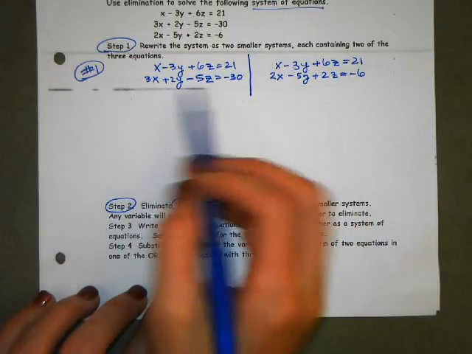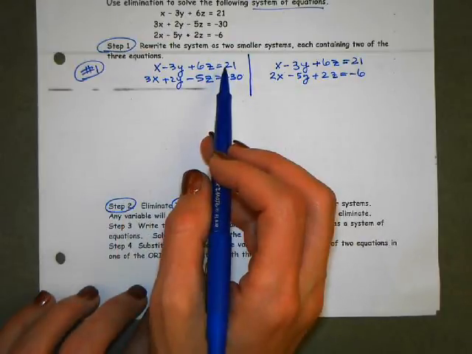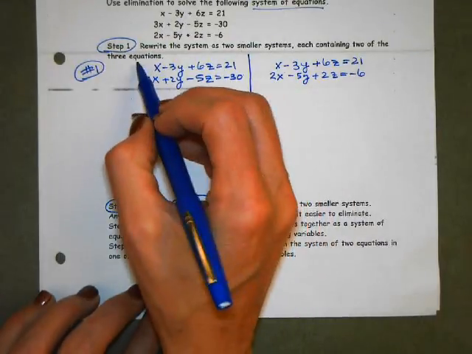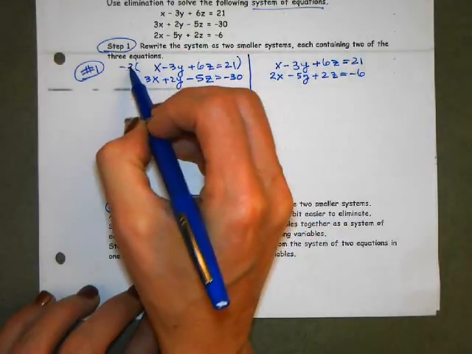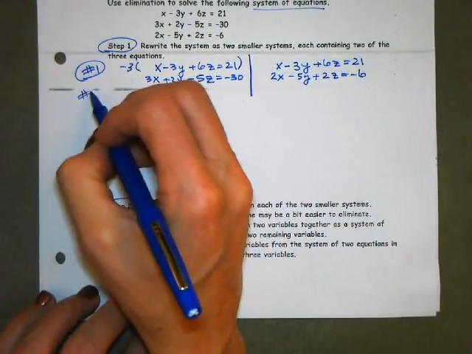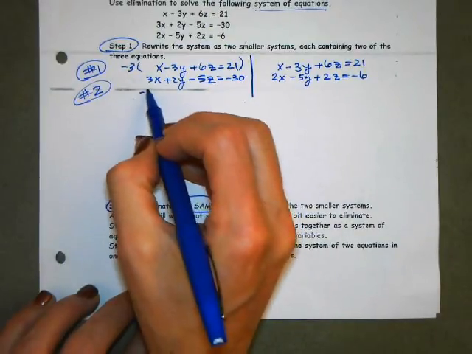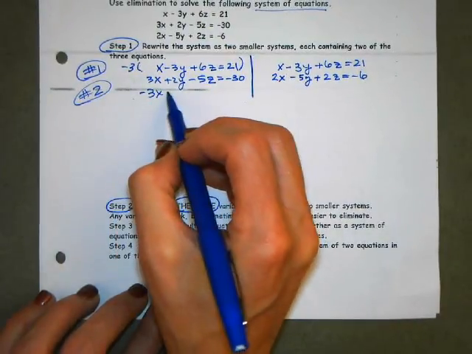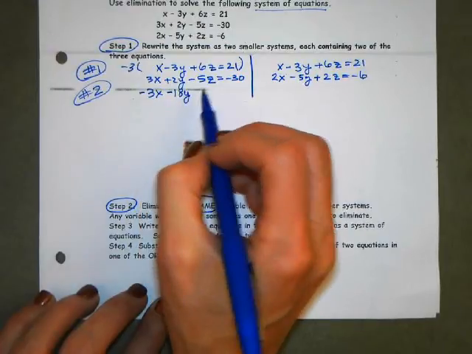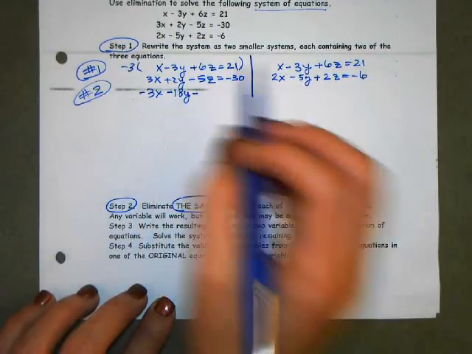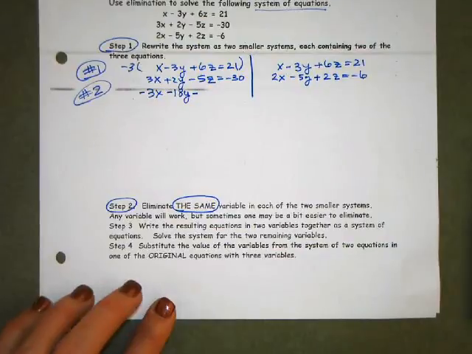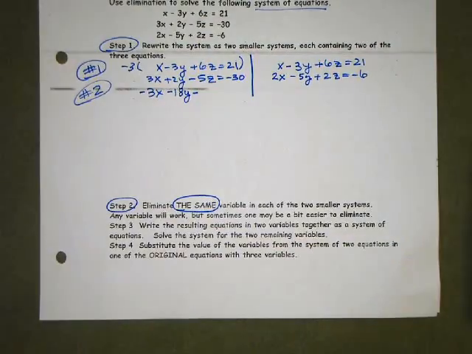Okay? So for me to get rid of x on this side, I'm going to multiply the top by -3. So I'll just do this. I'm going to get rid of x. So number 2, I'm going to get rid of x. So that's going to become -3x, minus, sorry, plus 9y.